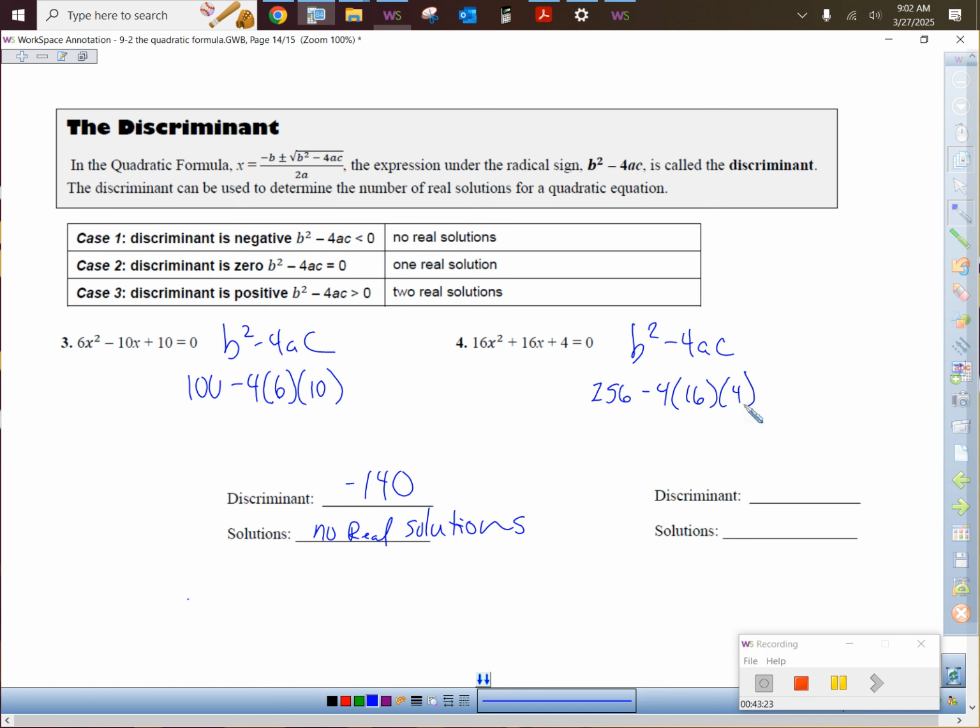What did you get for a discriminant? 0. That is the number underneath the radical. This is such a mental optical illusion type of thing, because the discriminant is 0. Can you take the square root of 0? Yes. How many answers will you get back? 1 solution, right? It's so weird because 0 mentally makes you want to say that there's no solutions to it. It's like, no, there is 1 solution to it.